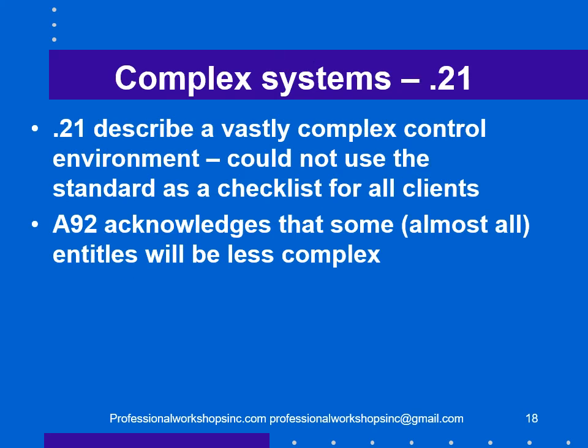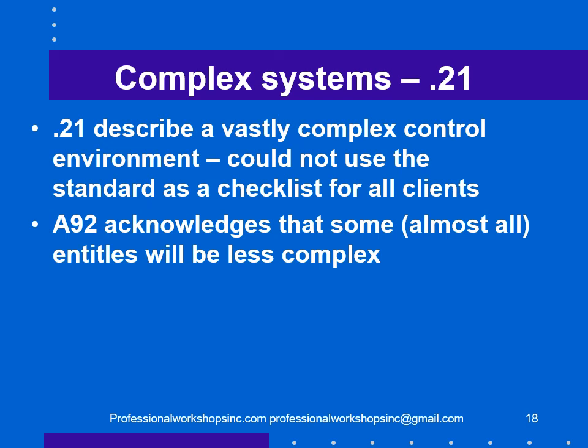As I said, sometimes they assume that systems are very complex. Paragraph 21 describes a vastly complex control environment. You could not use the standard as a checklist for all clients, though if you look at it closely, a lot of the times it says may, and may means the same as may not.